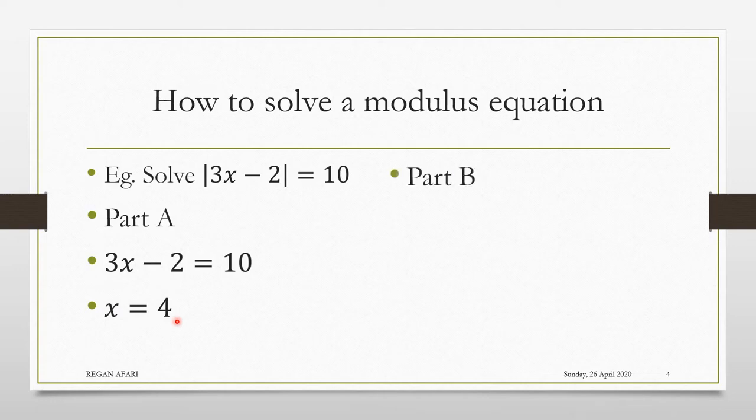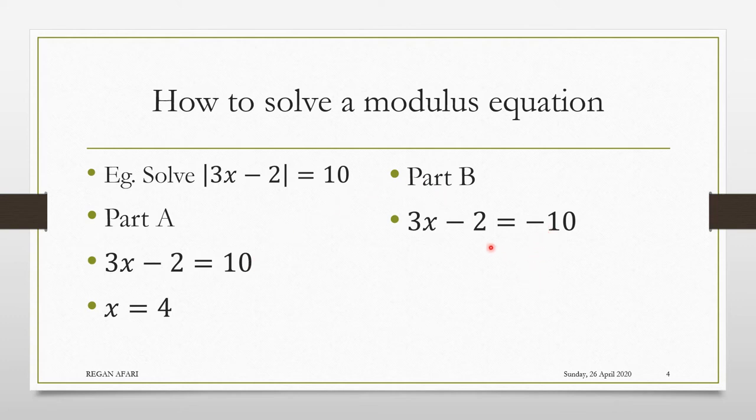The second part is that this can be negative. If this is negative, it's the same as saying that I will not negate the 3x minus 2, but rather I will negate the 10, which is the best way to go about it. So for the first part, make whatever is on your right side positive, and for the second part, make it negative and also solve for x.